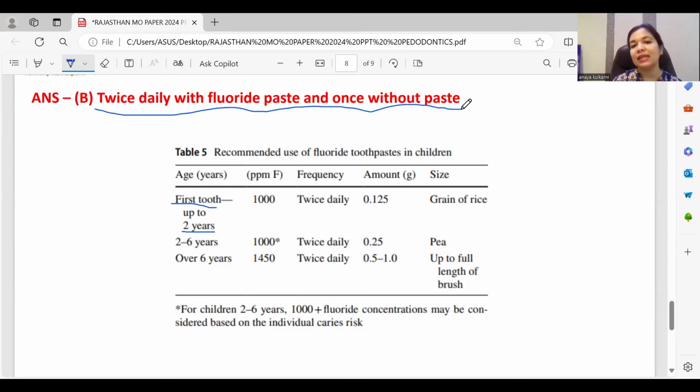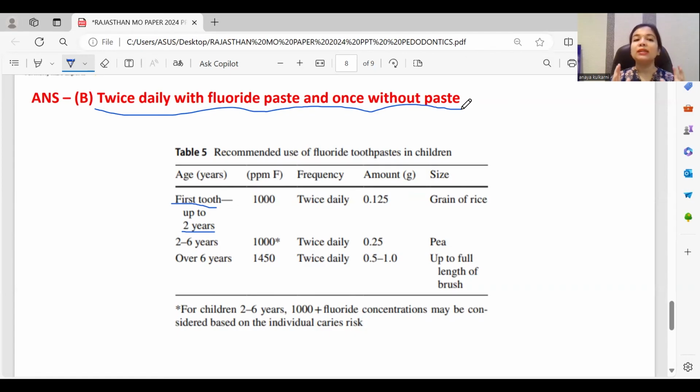That means once he can just clean, because of the in-between-meal snacking that children of the age group 3 to 6 years do. If they're snacking in between, they can just run a brush across their oral cavity without using a toothpaste. But twice daily brushing with fluoride toothpaste is recommended by the American Academy and the European Academy of Pediatric Dentistry.